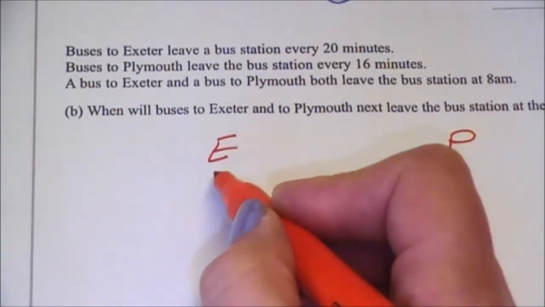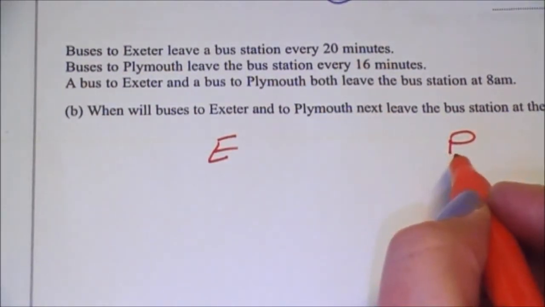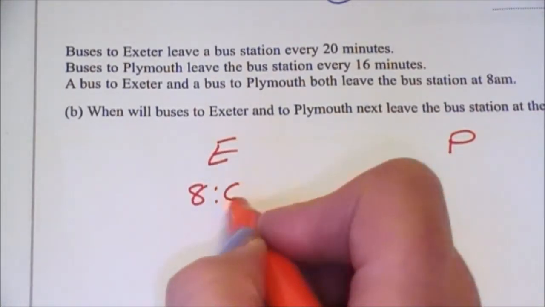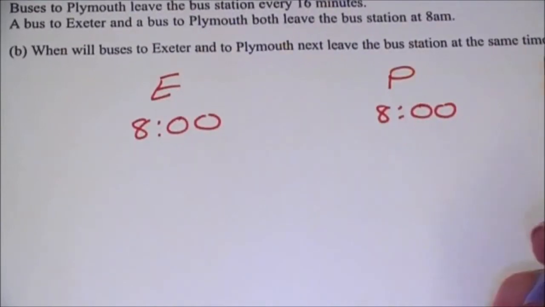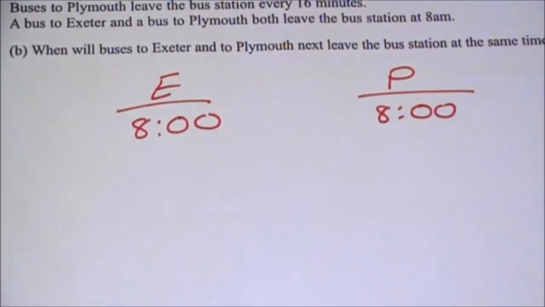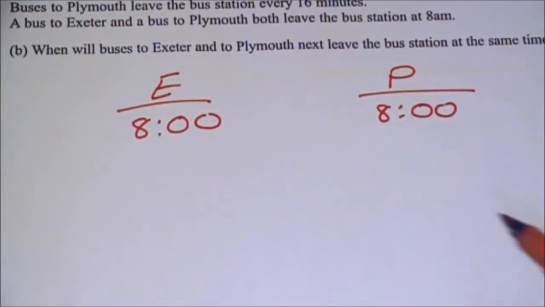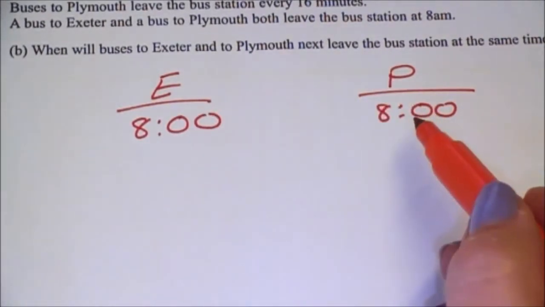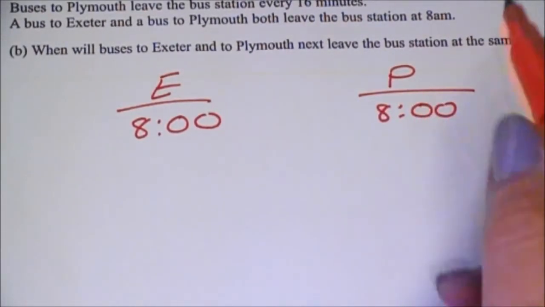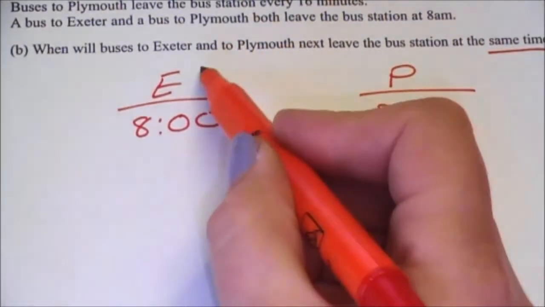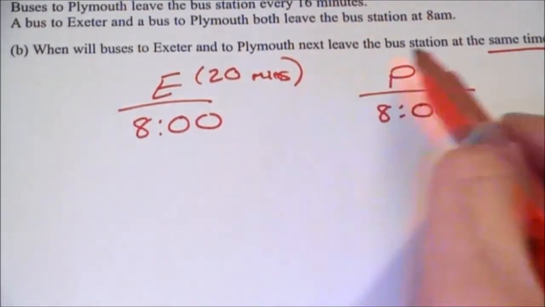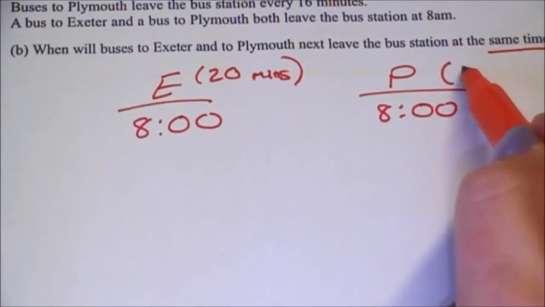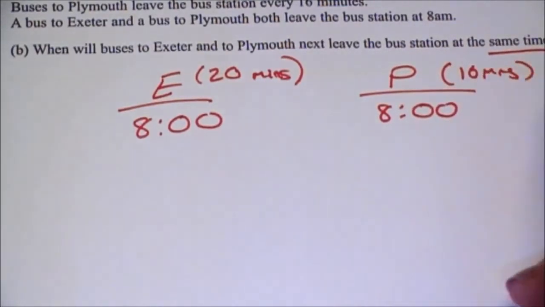A bus to Exeter and a bus to Plymouth both leave at 8 a.m. So that's the first bus for both of them. There's the Exeter bus, there's the Plymouth bus. When will the buses to Exeter and Plymouth next leave the bus station at the same time? And I'm going to remind myself that Exeter is every 20 minutes and the Plymouth bus is every 16 minutes.